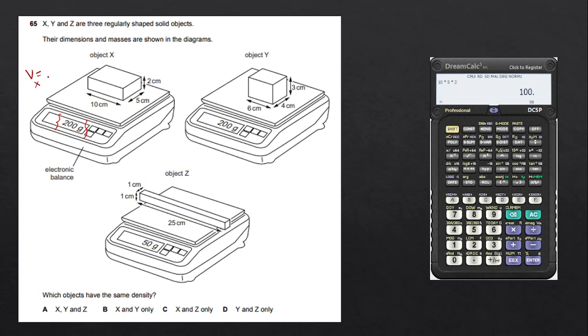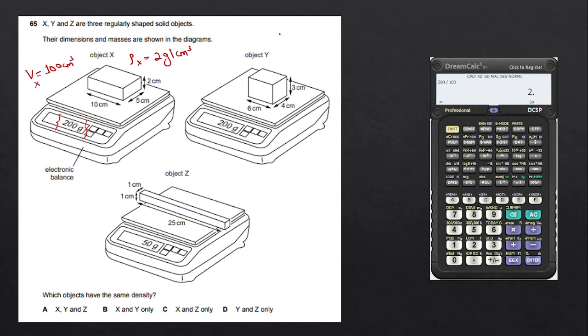So volume is 100 cm cube. Let's write down the density of X. Density of X is mass over volume. So 200 divided by 100. This is 2 gram per cm cube. That's the density of object X.